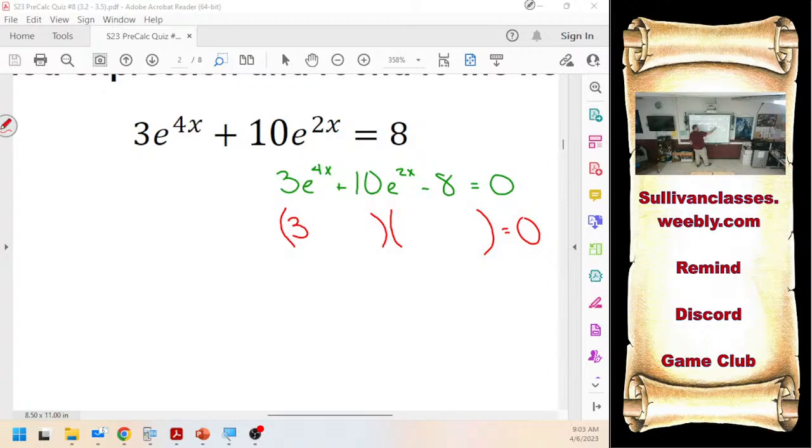My middle term for quadratic form determines what each of my binomials will have. And if you can rep through the factors of -8 to get the magic combination of 10 in the middle, when you distribute and add, you will have a +4 minus 2.